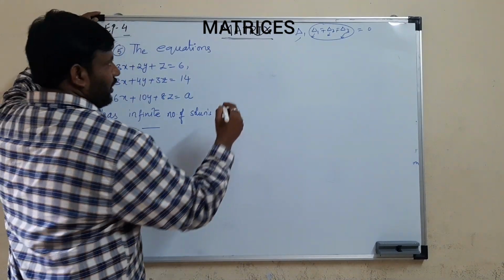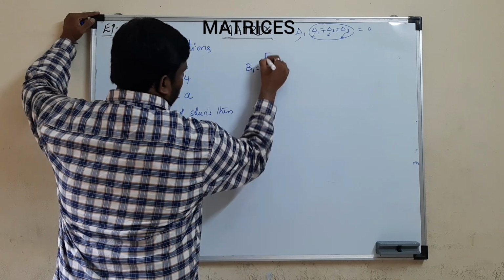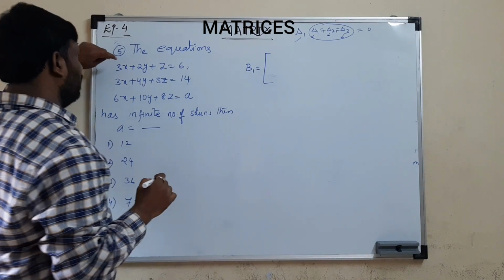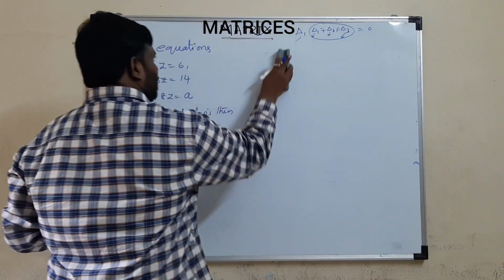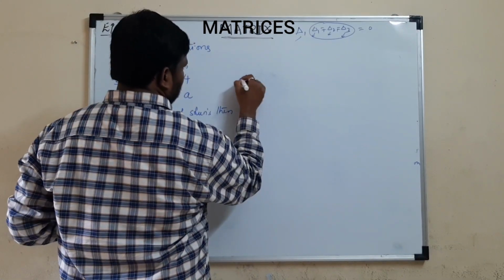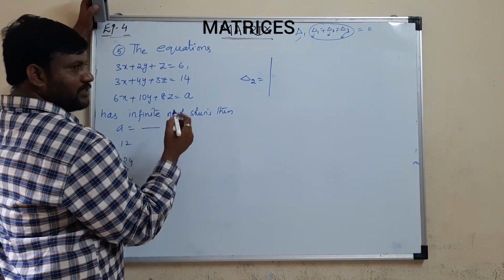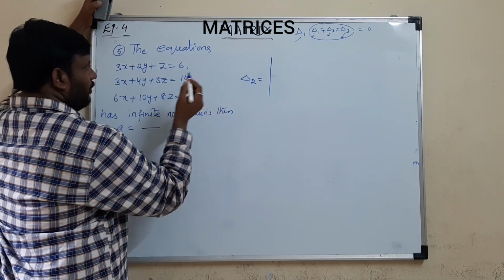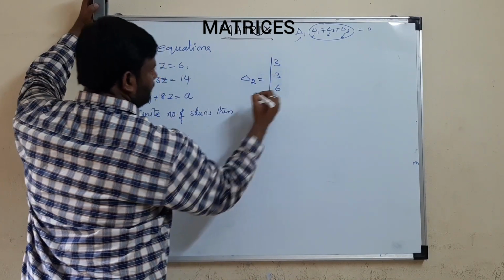So take delta 1 here. Delta 1 is nothing but we are taking B1, suppose, the matrix replacing the first column. We can go for the second, or whatever it is. I go for taking delta 2 here, so I am taking the determinant of 2. What is that? We have to replace the second column with the B matrix. That is, the first will be as it is: 3, 3, 6.